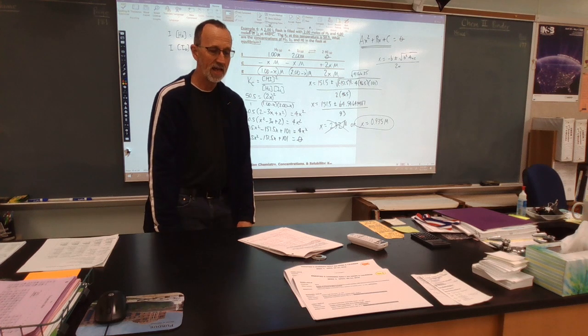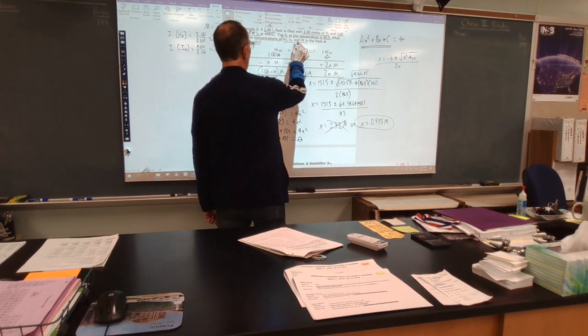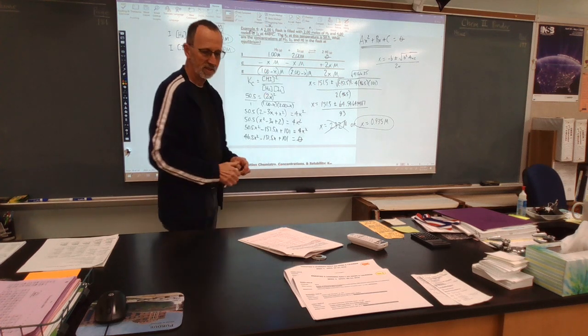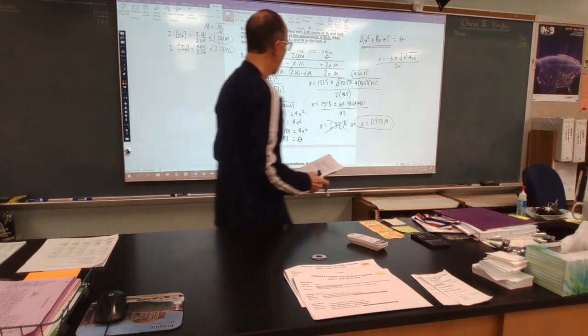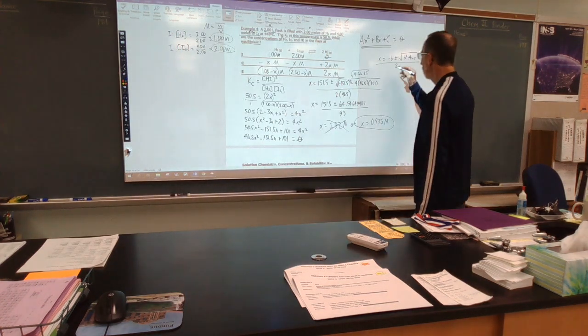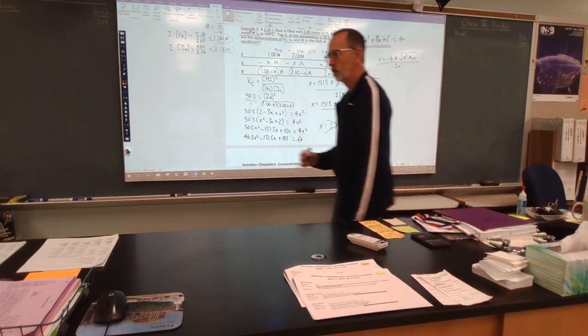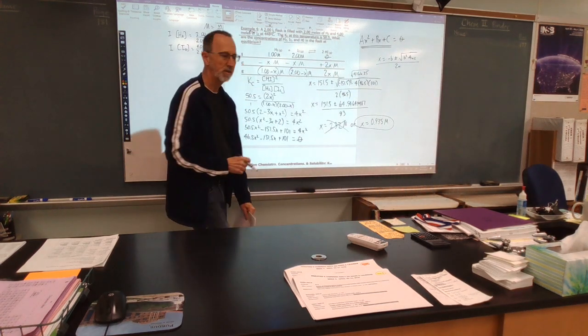So, based on that, the question is, what are the equilibrium concentrations of all 3 substances? And now we're ready to say that. So, let's see. I guess I'll do it over here. Hopefully you can still see.